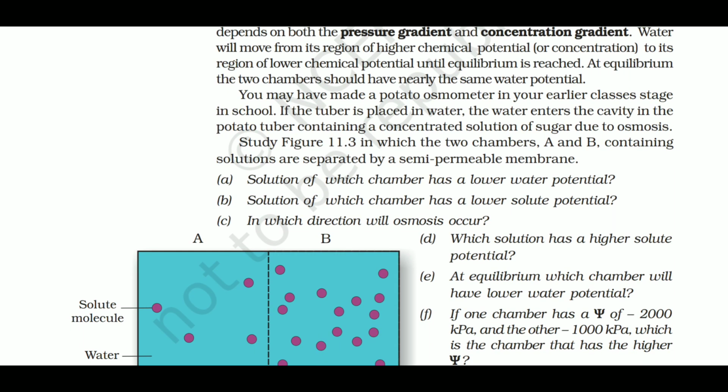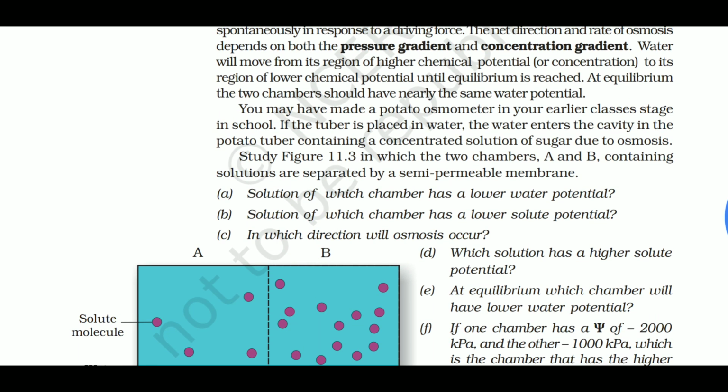Water will move from a region of higher chemical potential to a region of lower chemical potential. So it is very simple. The water will move from higher chemical potential, means hypotonic, to hypertonic.